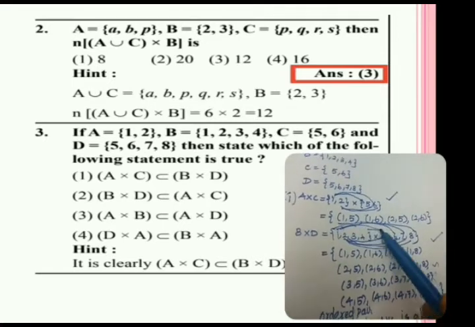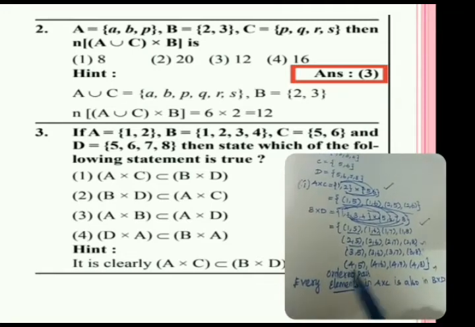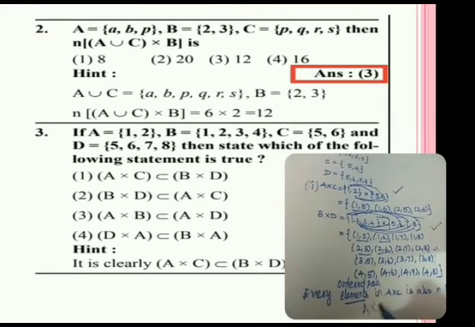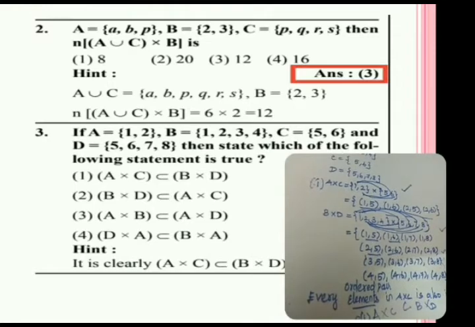What do we notice in A cross C and B cross D? Here the elements (1, 5), (1, 6), (2, 5), (2, 6) are also elements of B cross D. Every ordered pair in A cross C is also in B cross D. Therefore, we can say A cross C is a subset of B cross D. Hence, our answer is the first subdivision.